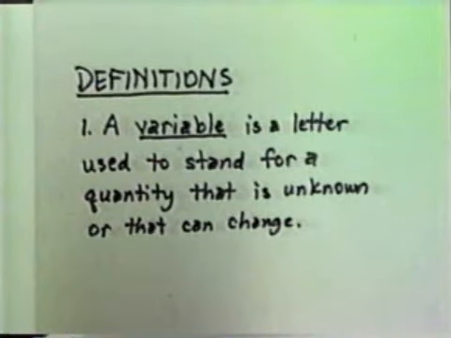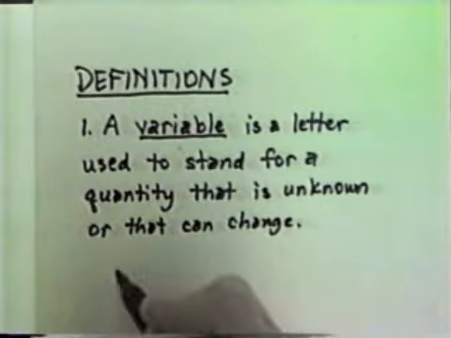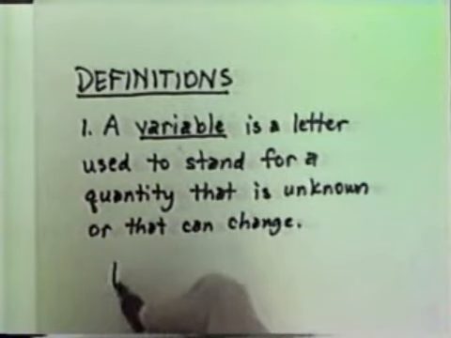The letter may be any letter of the alphabet theoretically. In mathematics, we often choose as our variable a letter that makes sense for the expression that is unknown. For instance, if we're working with time, which obviously can change, we often use the letter t.